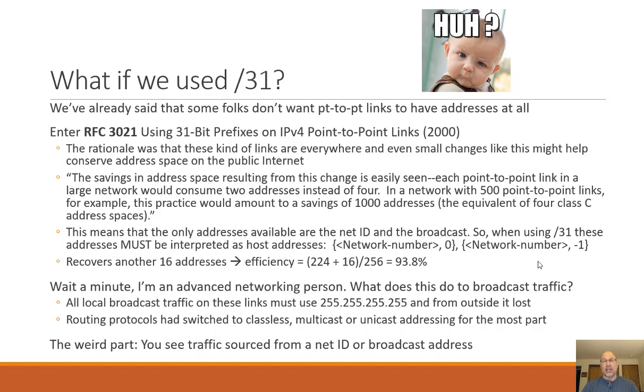So when you're doing /31s, and if you have a router that's capable of doing /31s, a lot of times you get a warning that says, be careful, these have to be only used on point-to-point links. So those 2 addresses now are going to be interpreted as host addresses. And what this does now is it recovers, in our case, some of those addresses, and so now our efficiency goes up to 93.8%.